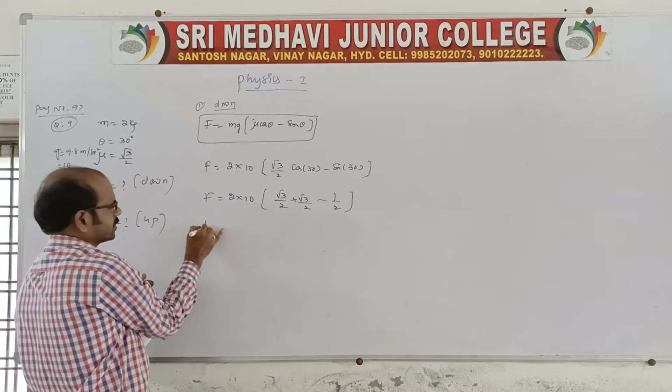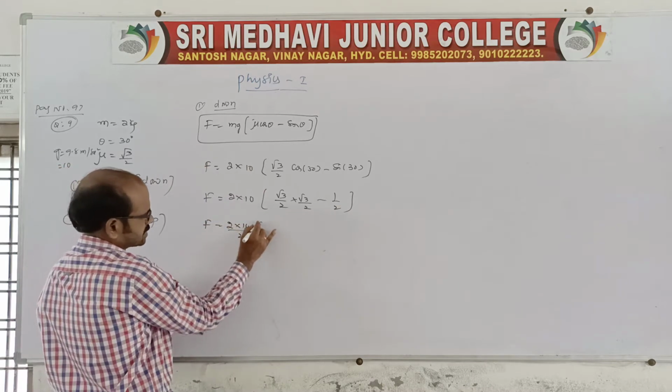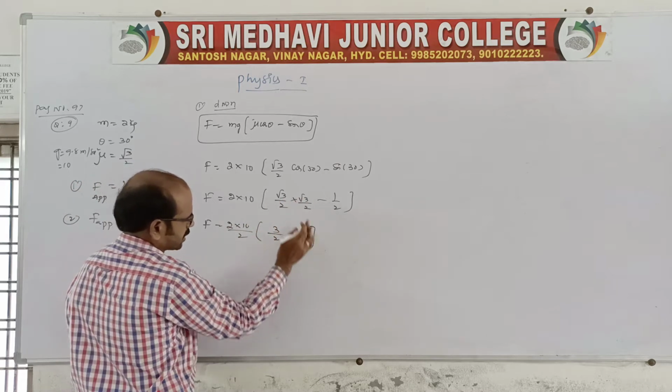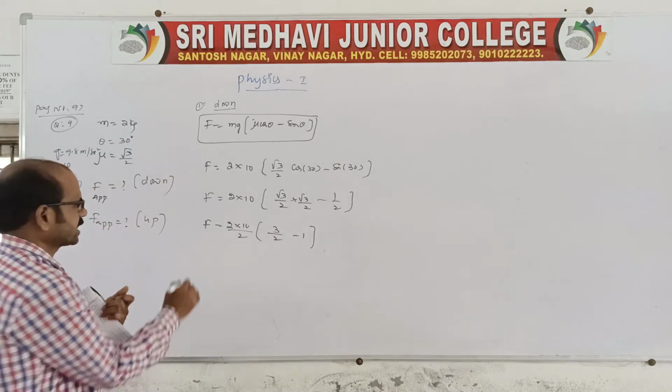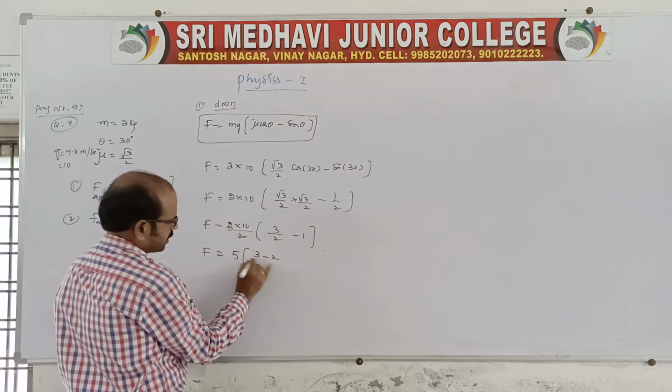Here you do one thing, F is equal to, take 1/2 common, 2 into 10, so √3 into √3 becomes 3/2 minus 1, because only 1/2 is taken common. So you cancel 2, it is 5, (3 minus 2)/2.